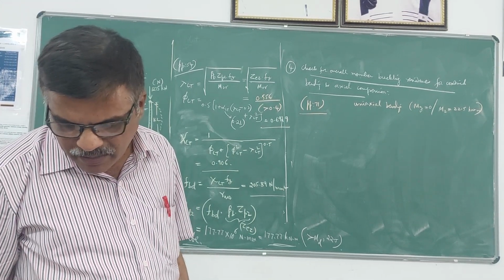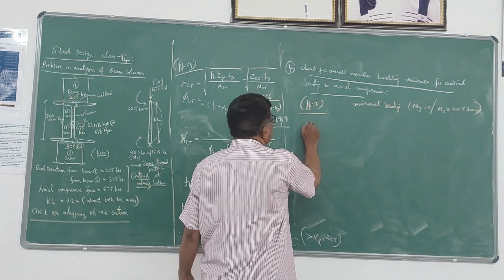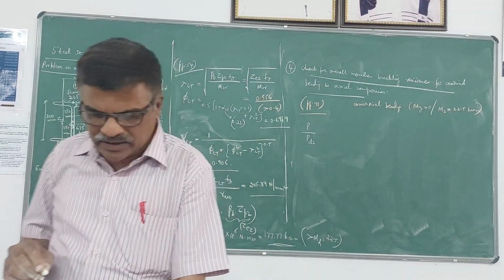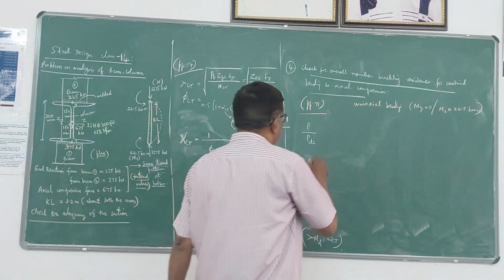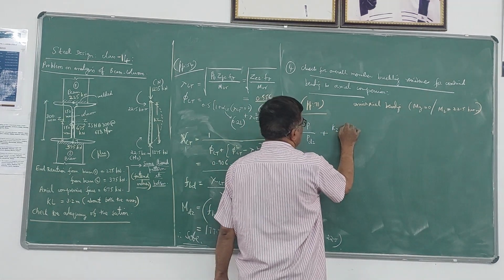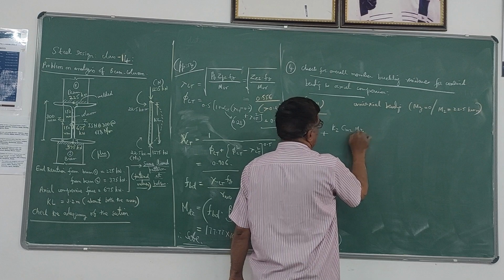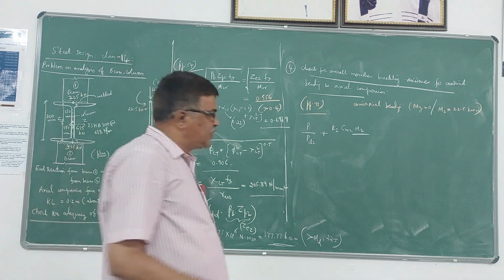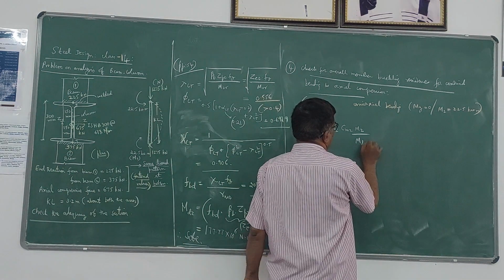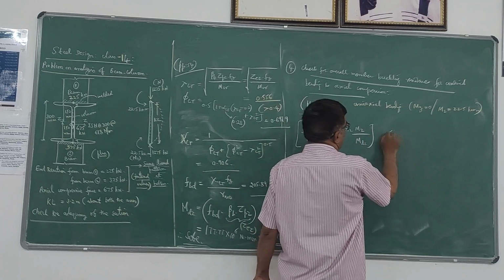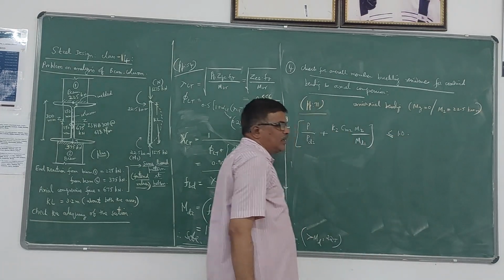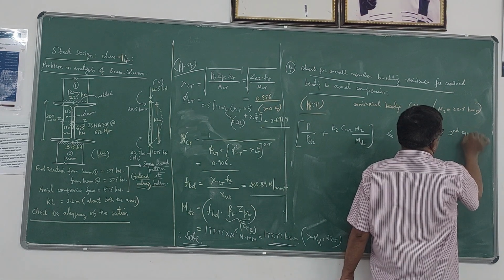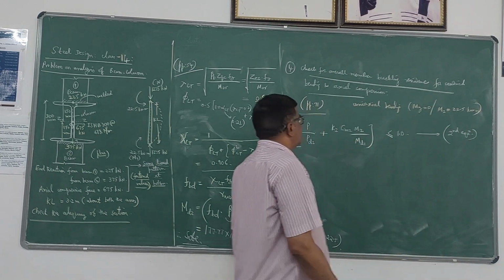So P by PDZ plus KZ into CMZ into MZ divided by MDZ should be less than or equal to 1. There are two equations given on page 71. Out of these, because MY is 0, we are using the second equation.